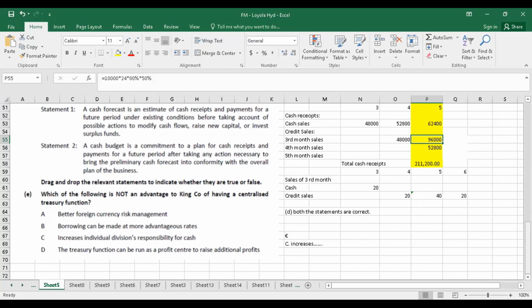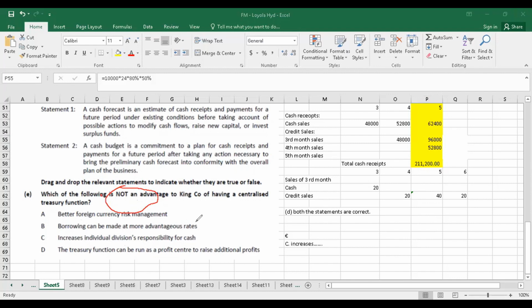Not an advantage. So something like we are talking about a disadvantage, not an advantage is mentioned here. See, the centralized treasury function will better manage the risk, currency risk management.